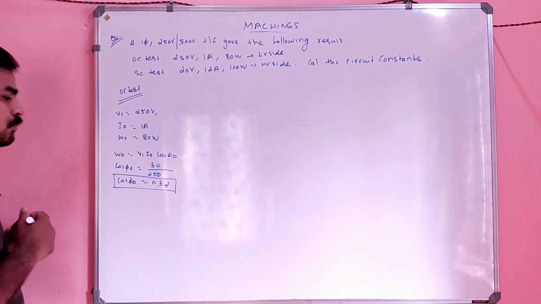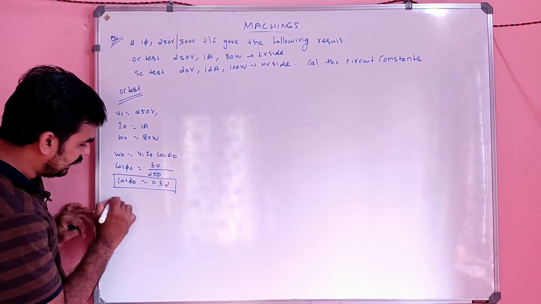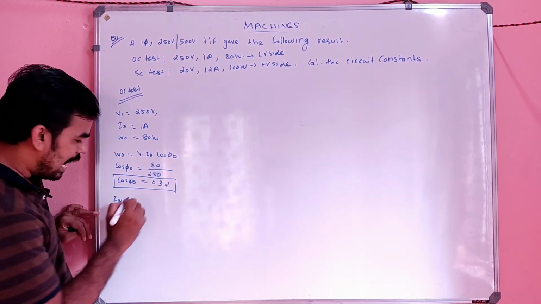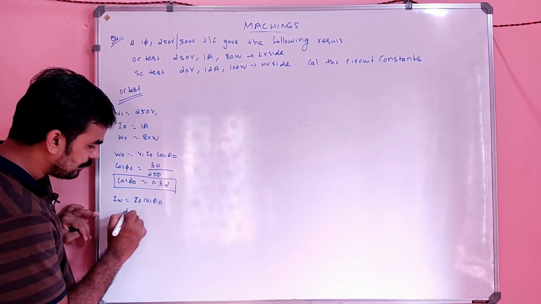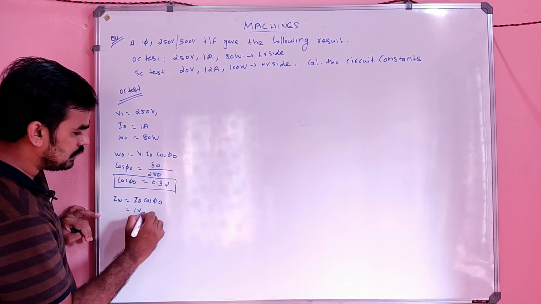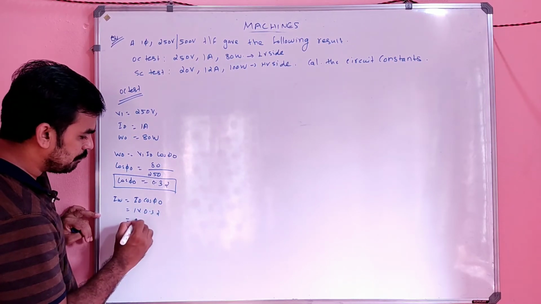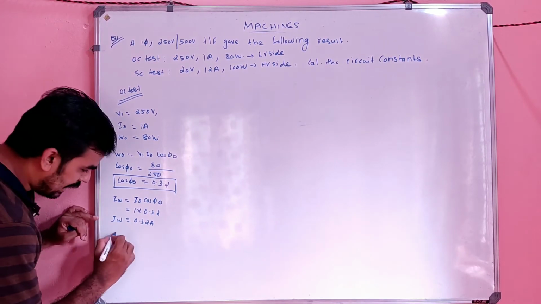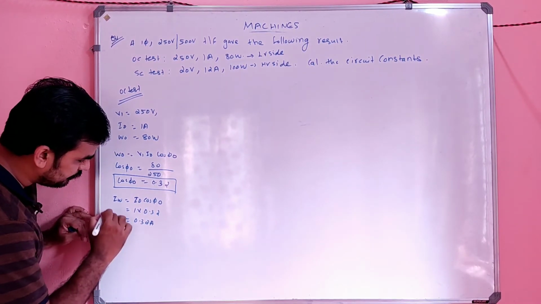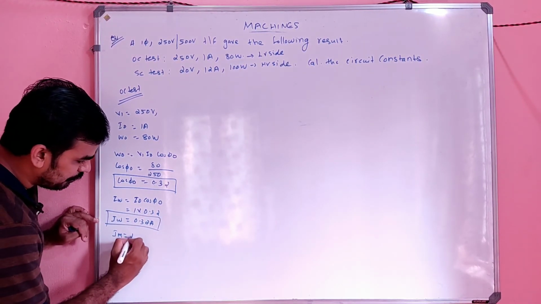If you have the value of cos phi 0, what is IW? IW is nothing but I0 cos phi 0, which is 1 into 0.32, so it will be 0.32 ampere. What is IM?